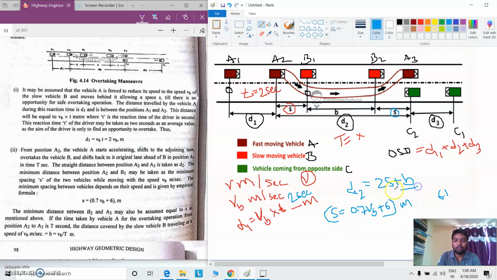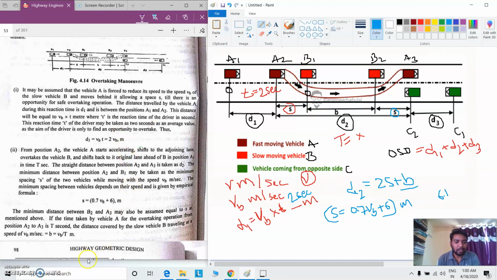Now we need to talk about the distance b here. The distance b is the distance traveled by the vehicle during the actual overtaking operation of vehicle A, with design speed vb.